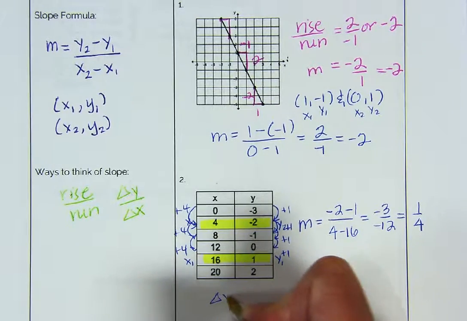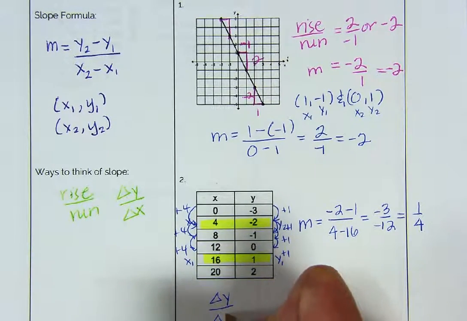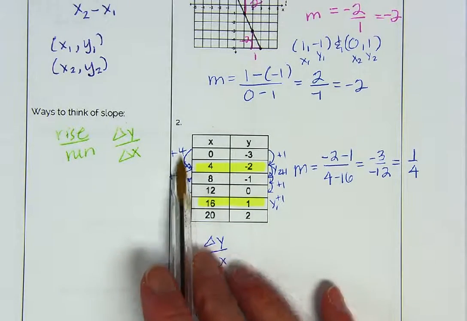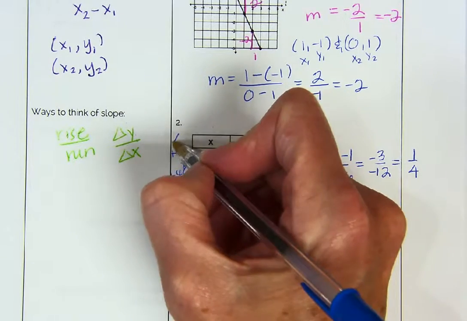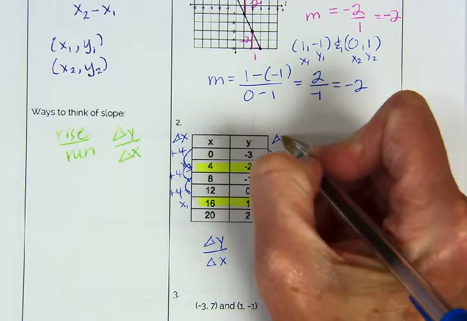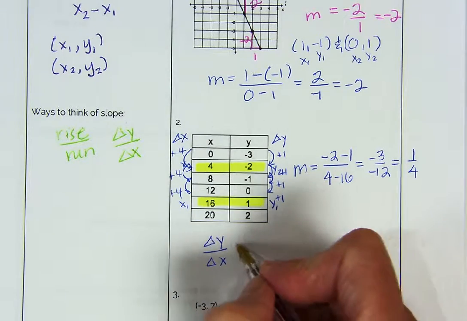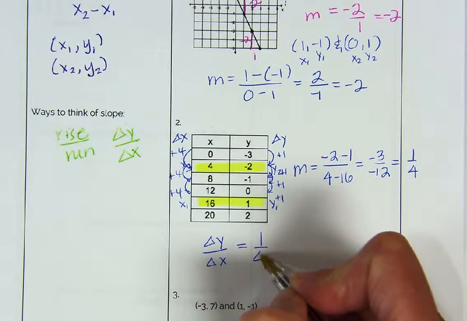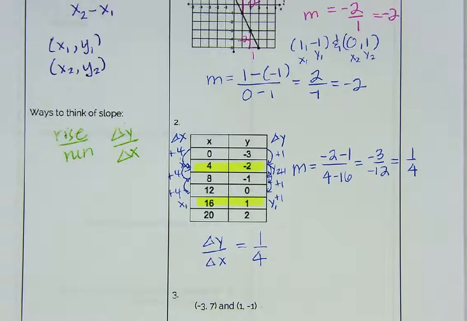So that's another way to look at that. The change in the y values divided by the change in the x values. Now this is the tricky part. Even I get tricked sometimes. This is the change in the x, and these numbers are the change in the y. So the y values are increasing by 1 while the x values are increasing by 4. And again, we get the slope is 1/4.